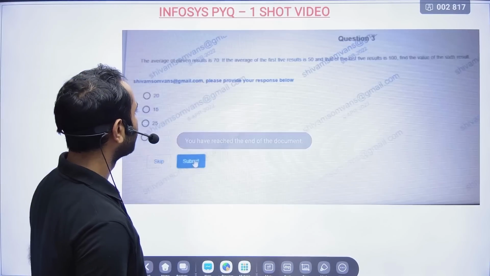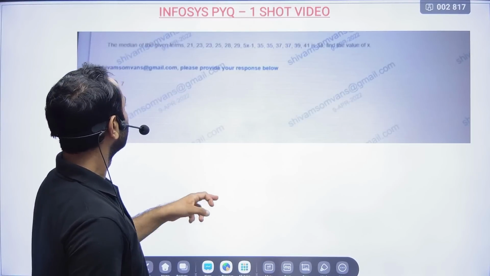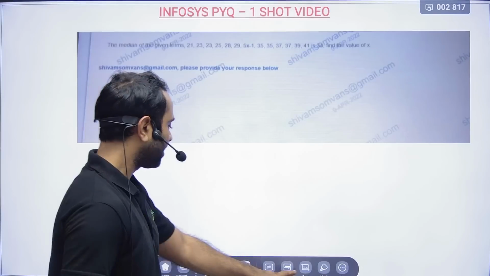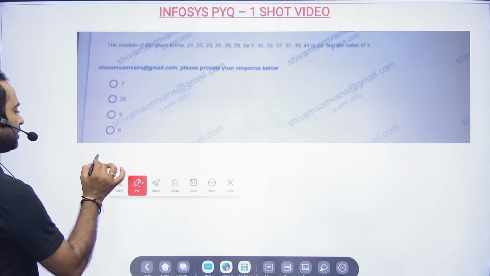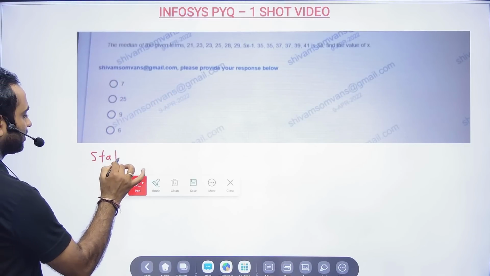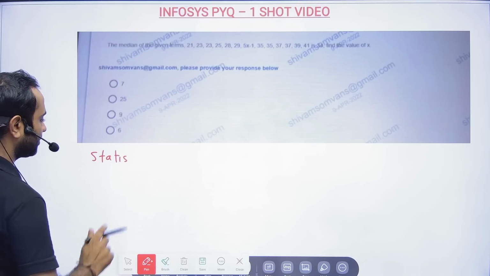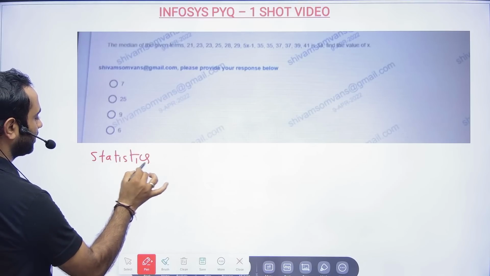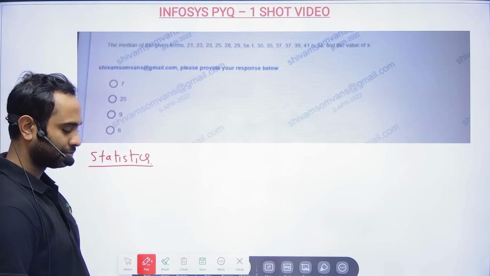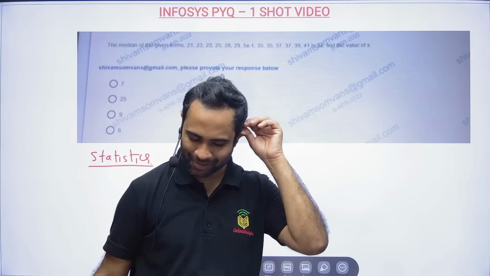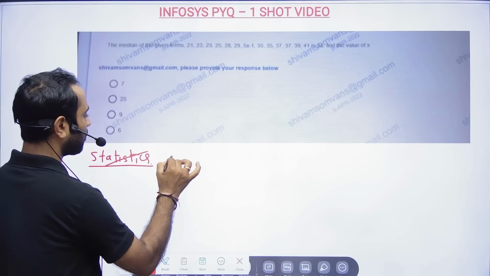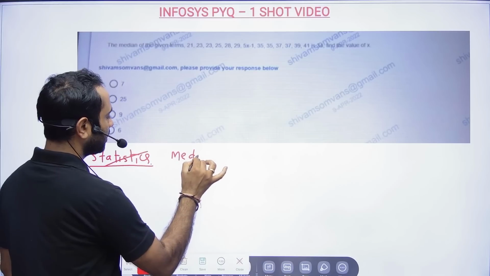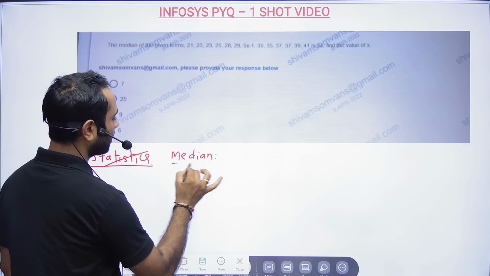Okay, 3 more questions. This is an interesting question on medians. Okay, this is an interesting question on median, and that comes in statistics. Anyway, and here median. So what is the concept of median? So median, how we will calculate?